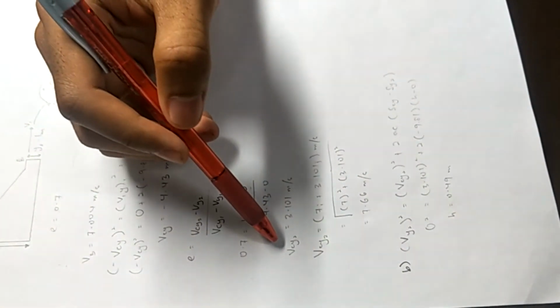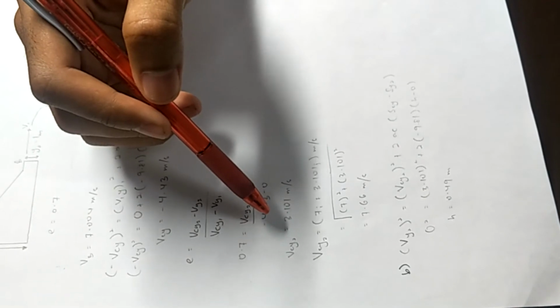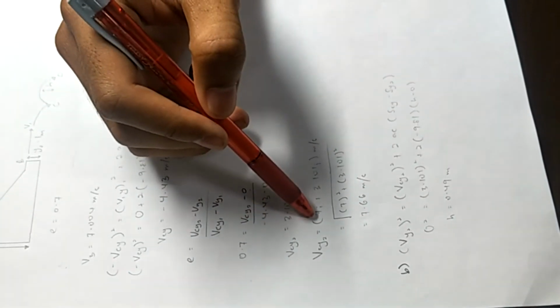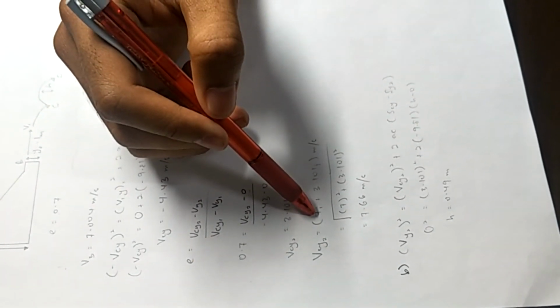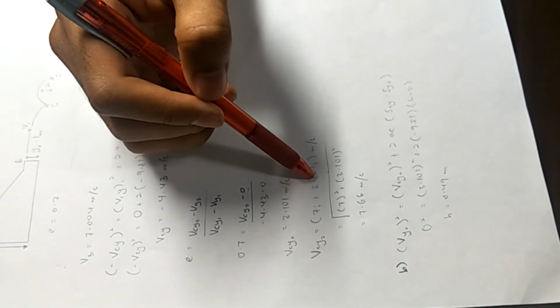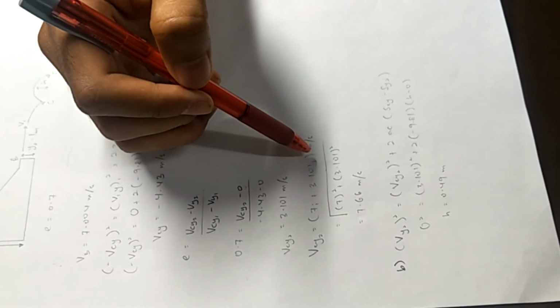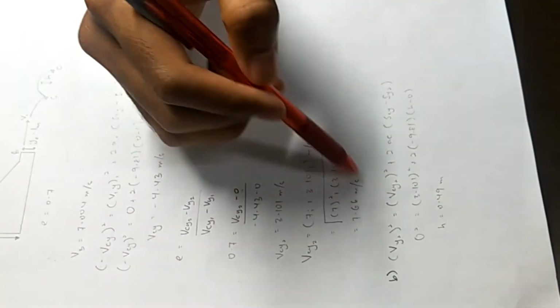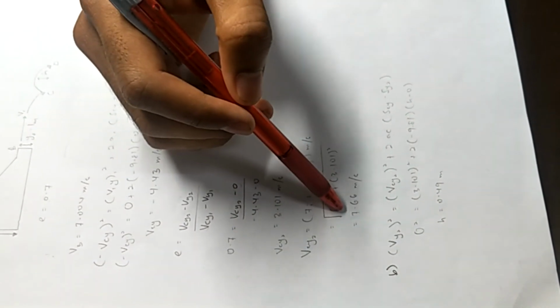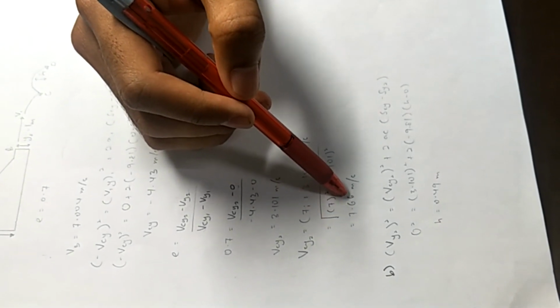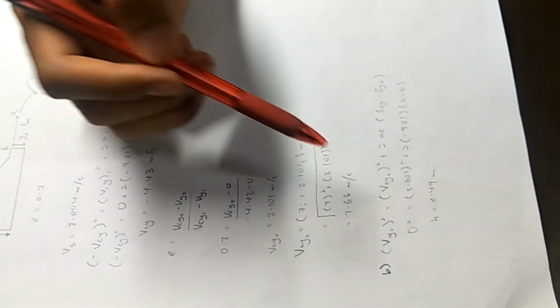Therefore, the rebounding velocity of the object at C is 7i plus 3.101j meters per second in vector form. From the equation, we get the magnitude as 7.66 meters per second.